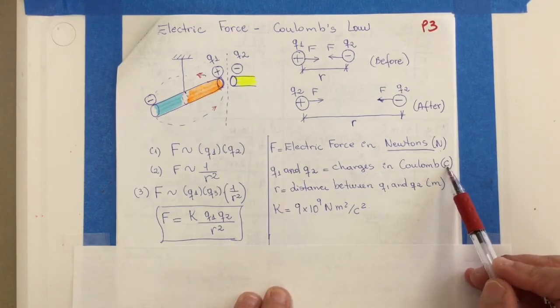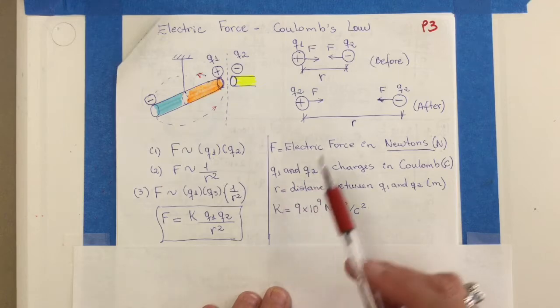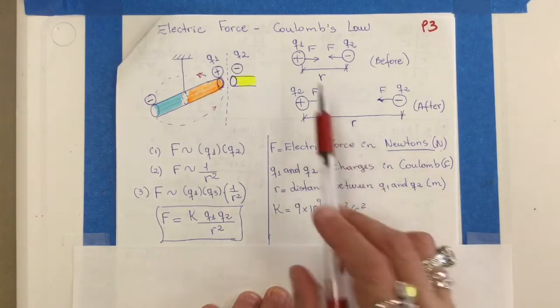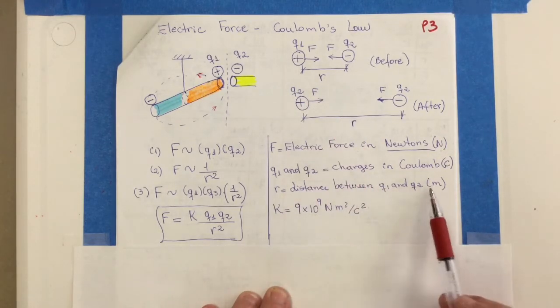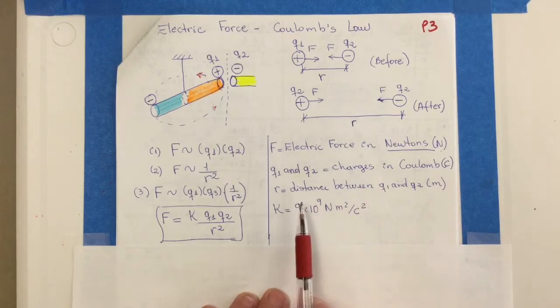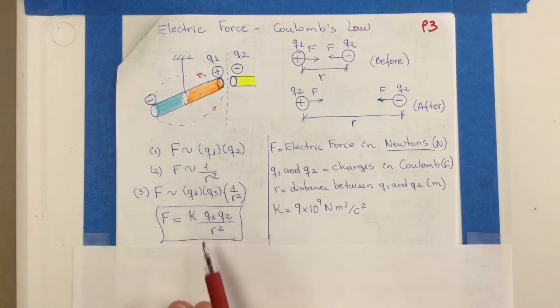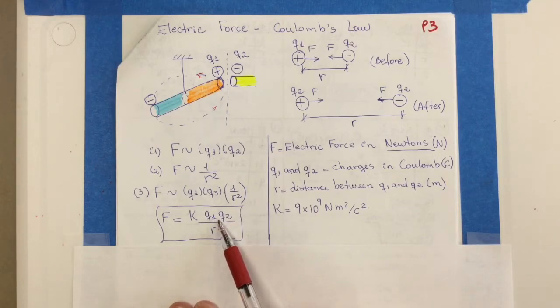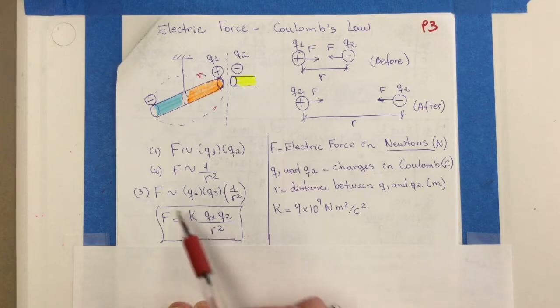And r is the distance between both charges, and the unit is the meter. So the final formula for electric force is F equals K, the constant, times the product of both charges over the distance between both charges squared. So that is the electric force.